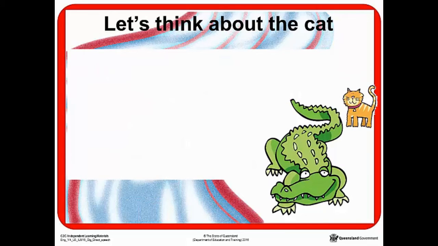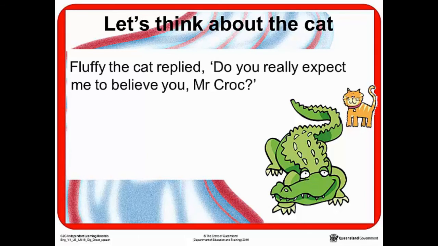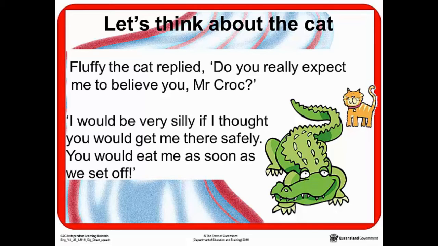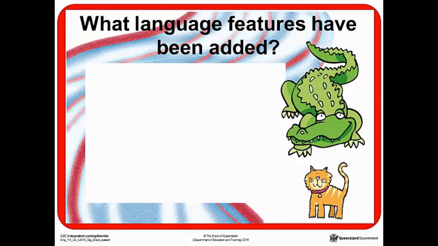Now let's put it all together. Fluffy the cat replied, "Do you really expect me to believe you, Mr. Croc? I would be very silly if I thought you would get me there safely. You would eat me as soon as we set off." So what language features have been added to our original story? Our crocodile said to a cat he would take her on his back across the creek.